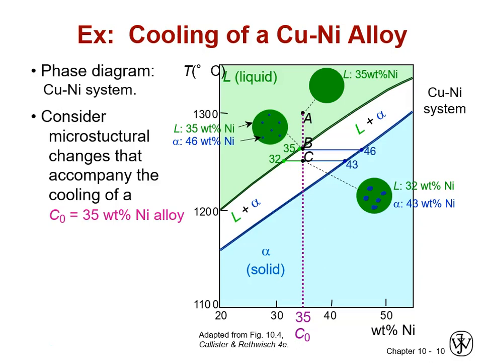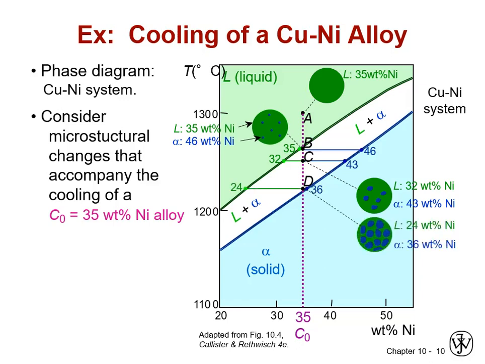Now it's only 32 weight% nickel. It started at 35, so it's lost some nickel. Well, that nickel's been picked up by the precipitates, which on average have a little less nickel than those initial precipitates, but still quite a bit more than the average.